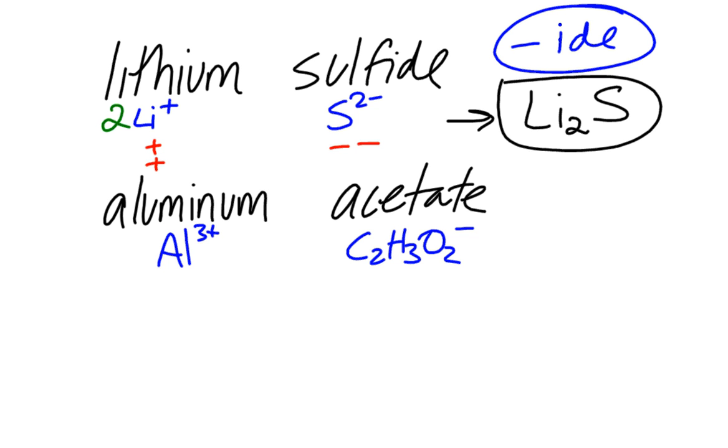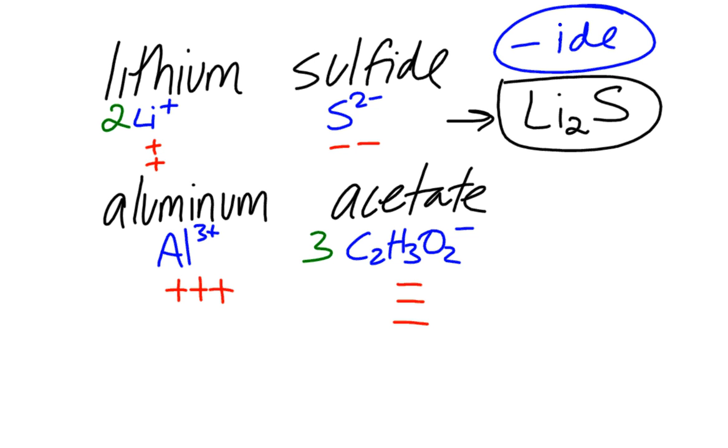Now, it's important to understand that acetate may be written a couple different ways, but every time you see it, it'll be like this, how I have it with this one. Okay, so I look at my charges. I have 1, 2, 3 over here, and I have 1 over here. Obviously, if I put those together in a 1-to-1 ratio, it would not work out. So I need 3 total acetates to balance it out.